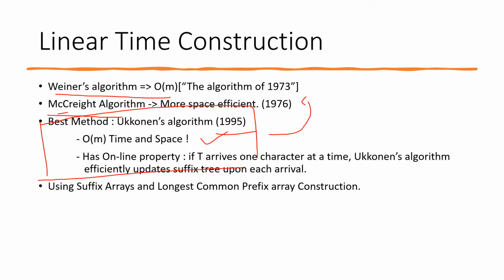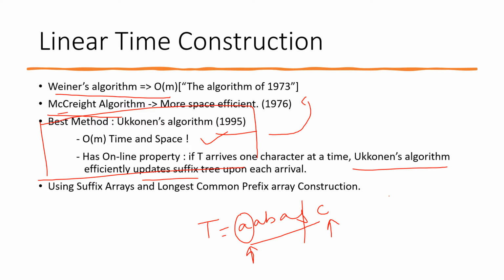So if t arrives one character at a time, like for a given t equal to a b a dollar, for each character at a time, Ukkonen's algorithm can efficiently update the suffix tree. Once the suffix tree is built, suppose we build a suffix tree for a b a already, and then we add another character like c. For this character, the algorithm can update the entire suffix tree again. So for each arrival, it can efficiently update this. This is the best online property given by this solution.